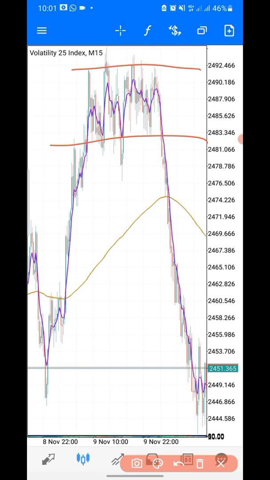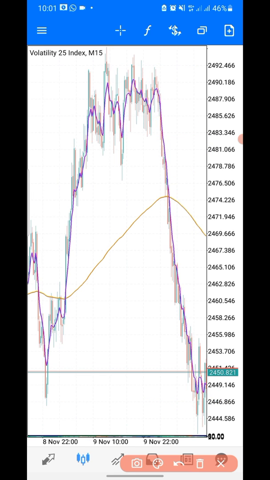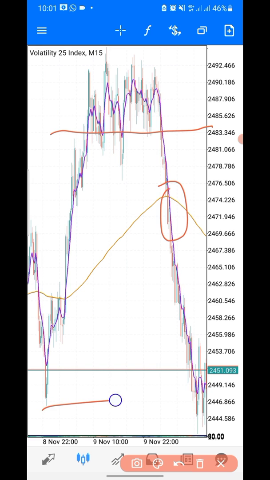So if I were to enter this market, I'm going to use here as my stop loss level, while my entry is going to be here, and then I'm going to target here as my take profit level. And as you can see, it has a good profit return. This would have been our entry, this would have been our stop loss, this would have been our take profit. And you can see here that it has a good risk to reward trade.